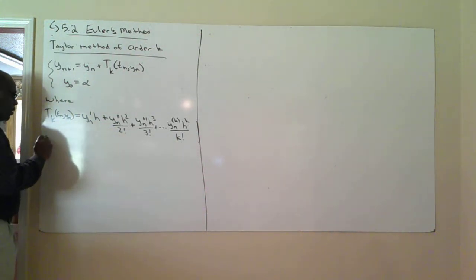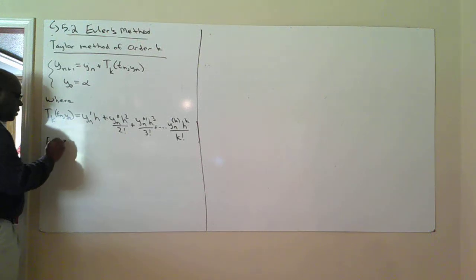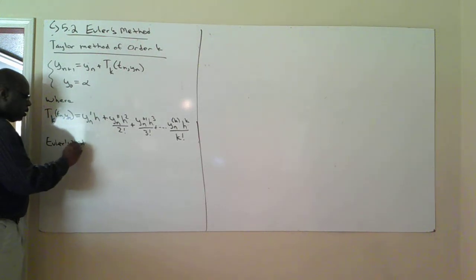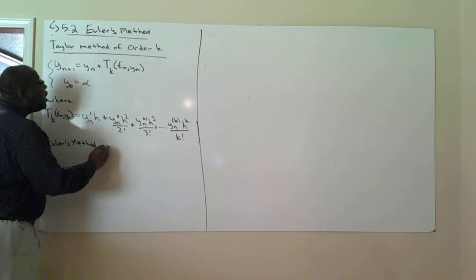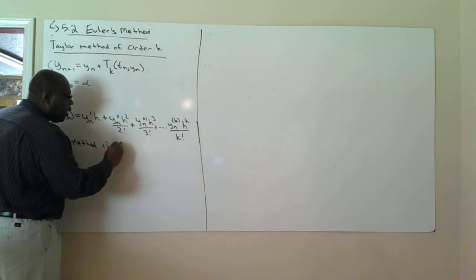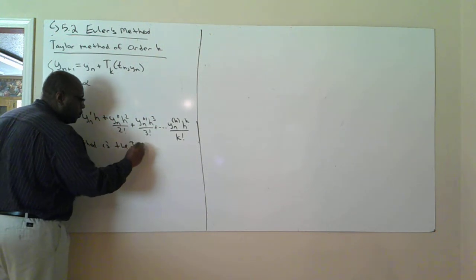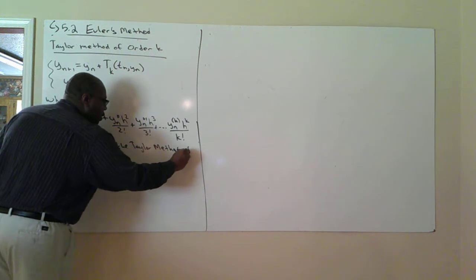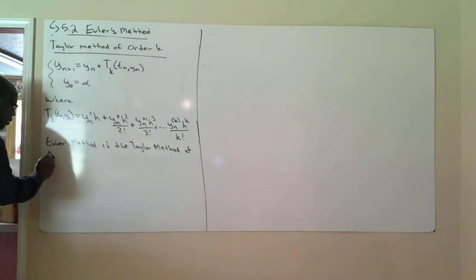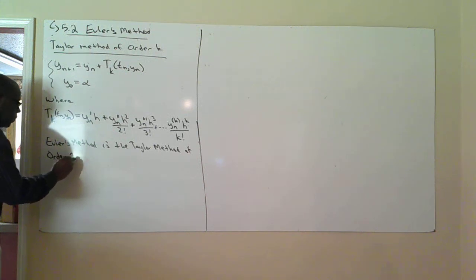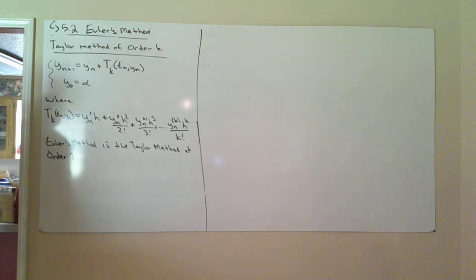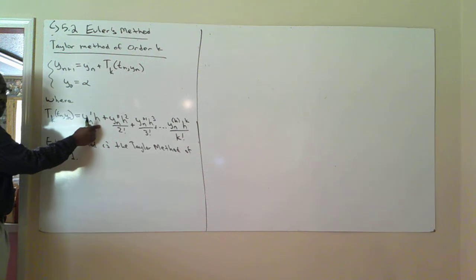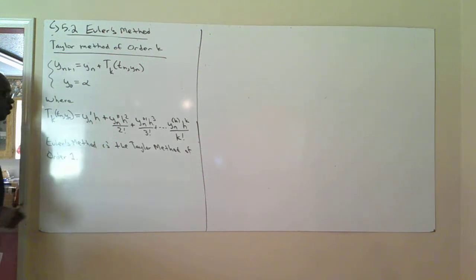Euler's method is the Taylor method of order 1, or first order, because essentially what we do is we start with the first derivative.